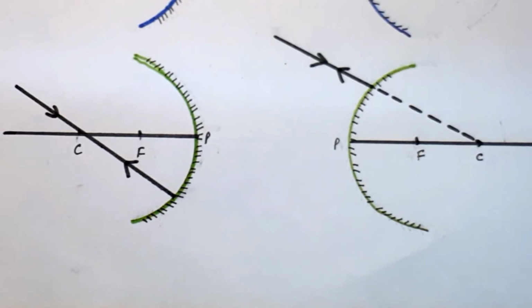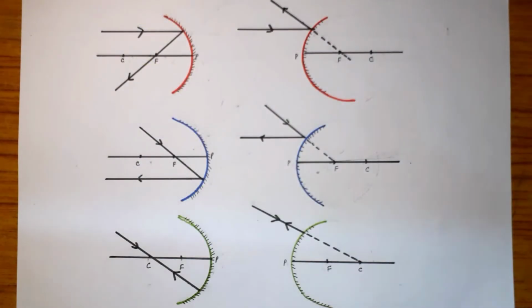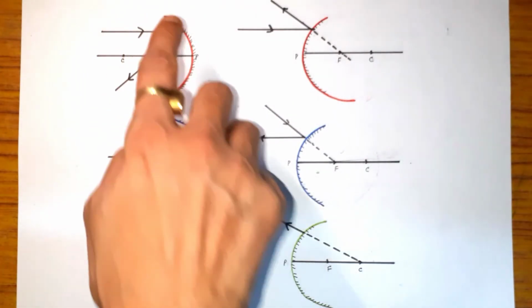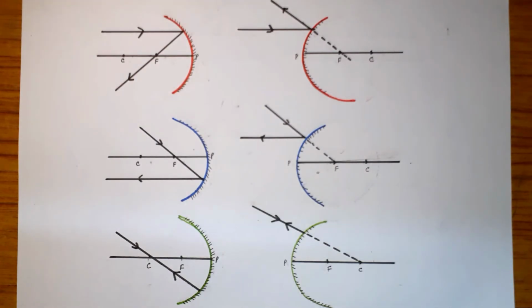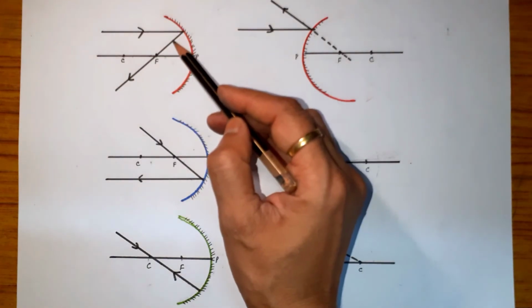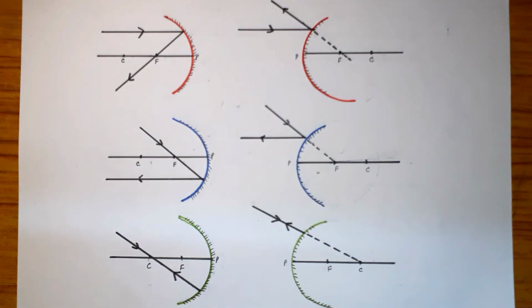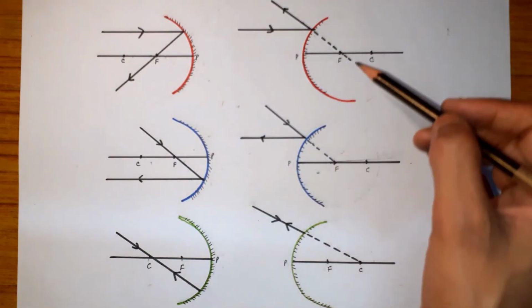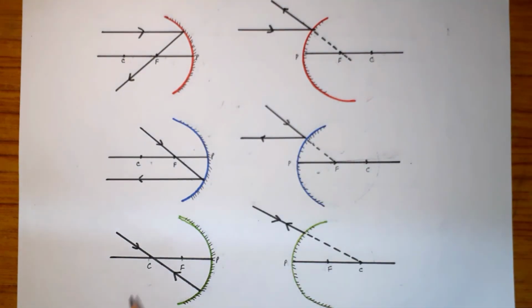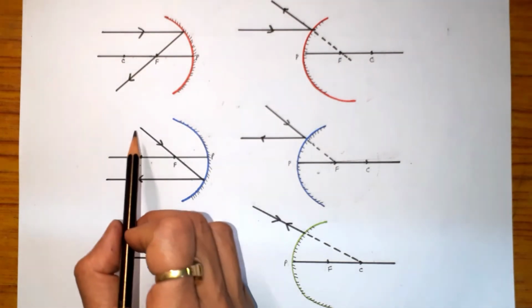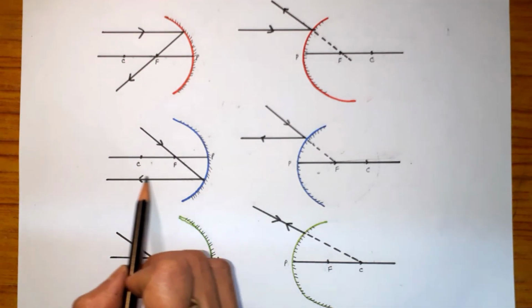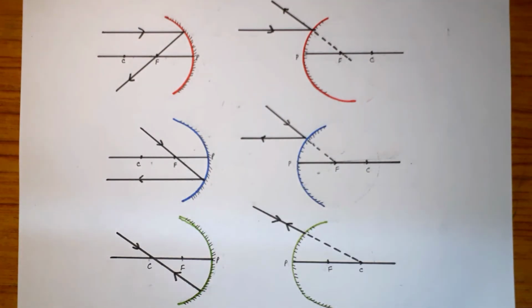So these are 3 simple laws in spherical mirrors which we should remember. The first one is that if the ray is parallel to the principal axis, it will come from the focus after reflection. Same is the case in the convex mirror. In the second one, if the ray is coming from the focus, it will become parallel to the principal axis.